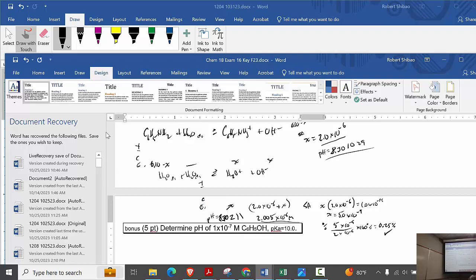If you just got it to where it's simultaneous and you set it up, then it was worth 4 points. But very few people actually solved it, the algebra for this is a bit of a pain. But some people do. So that's good.